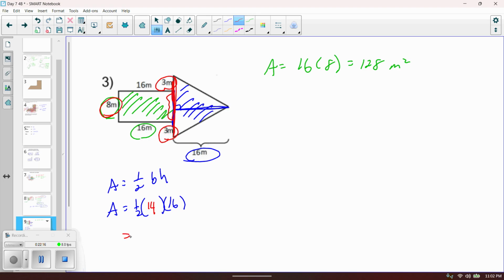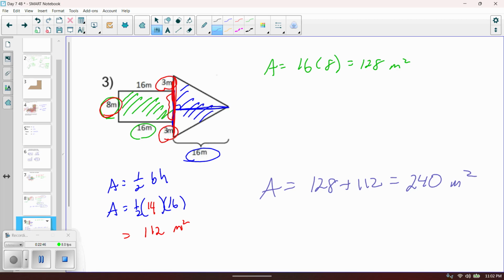And then we're just going to simply type all that stuff in. We're going to get 1/2 of 14 times 16, which works out to be 112 meters squared. So the total area is 128 plus 112, which is 240 meters squared.